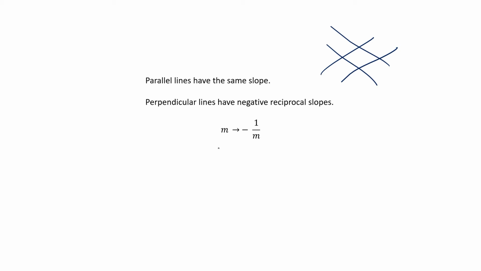What that means, say if you have a slope of 3 on one line, then any perpendicular line to that one will have a slope of, you flip it, so 1/3, and you also have to negate it. So negative 1/3. These two slopes are perpendicular.